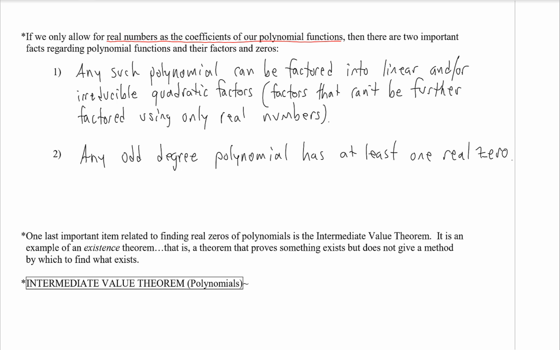That's because odd degree polynomials, the far left and far right side point away from each other. So if the far left points down and the far right points up, it has to cross the x-axis somewhere. And if the far left pointed upward and the far right pointed downward, the only way that can happen is it has to cross the x-axis somewhere. Because remember, all polynomials are continuous functions.